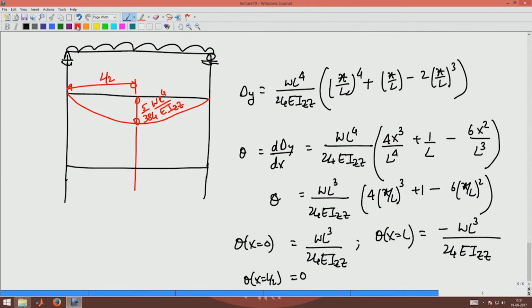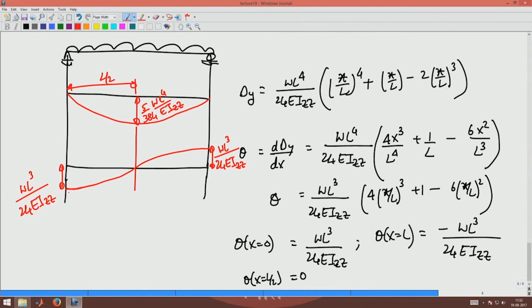So, this curve would look like something like that, and this value is W L cube by 24 E I ZZ, and this value is also W L cube by 24 E I ZZ.